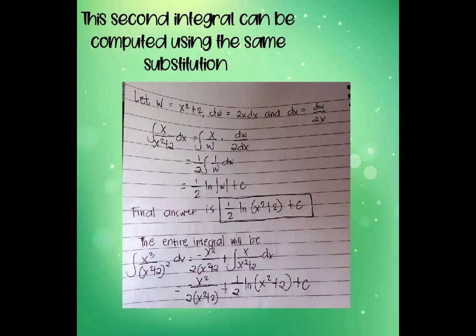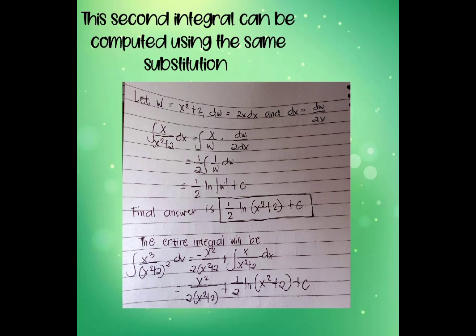We need to remember that this second integral can be computed using the same substitution. So we let w is equal to x squared plus 2, dw is 2x dx, and dx is equal to dw over 2x. We have the integral of x over x squared plus 2 dx is equal to the integral of x over w times dw over 2x.